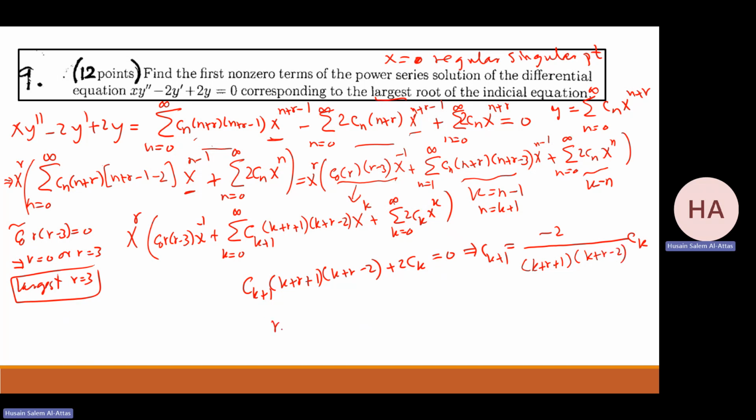I have my largest r is 3, r2 or r1, okay. So c_(k+1) will be minus 2 over (k plus 4)(k plus 1) times c_k, where k is greater than or equal to 0. And this is my relation.